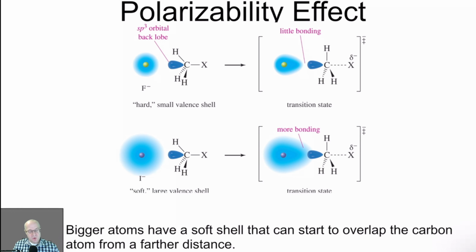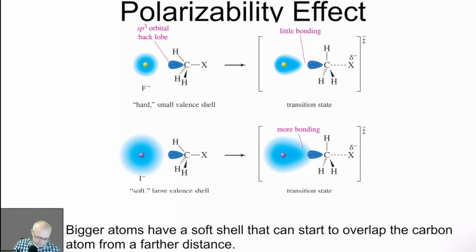I tell students to imagine the electron cloud as a swarm of bees. If your bees are held close to your hive, the bees are less likely to go out and attack anything. If the bees are quite far away from the hive, they're more likely to go and attack things.